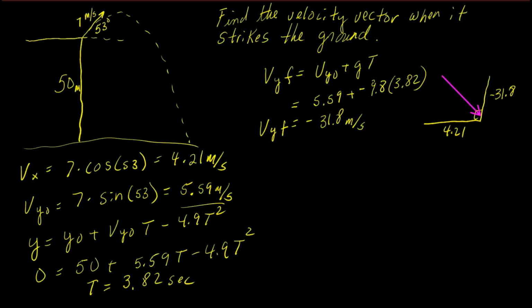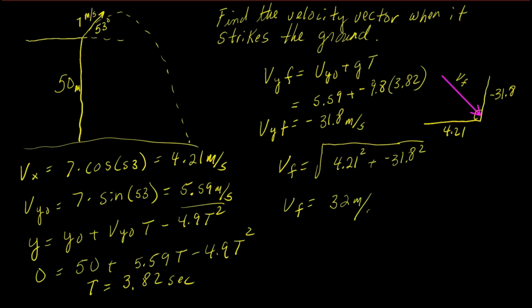So my final velocity is equal to the square root of my x, which is 4.21 squared, plus my y, which is negative 31.8 squared. So now my final velocity will be equal to 32 meters per second.